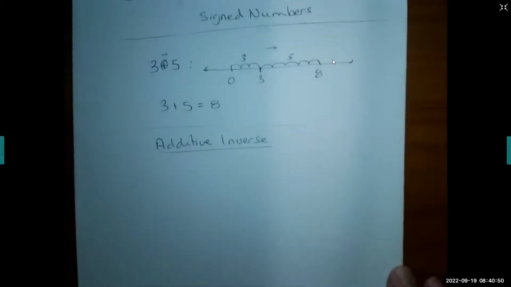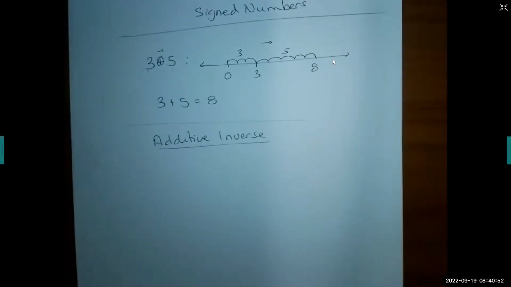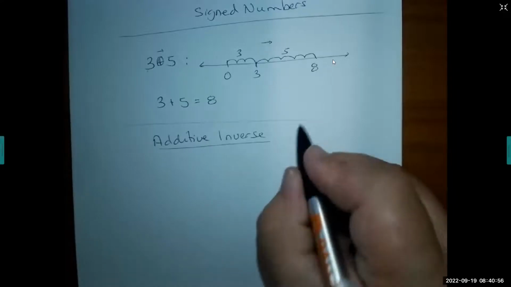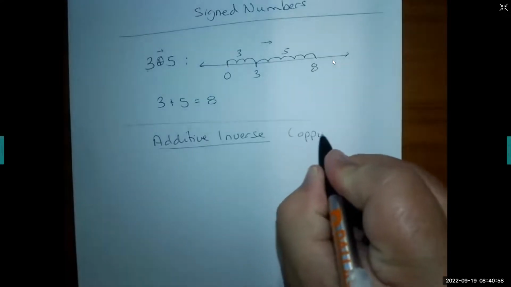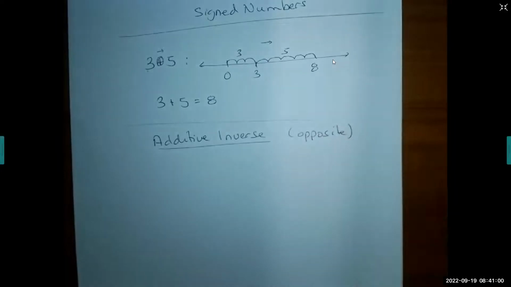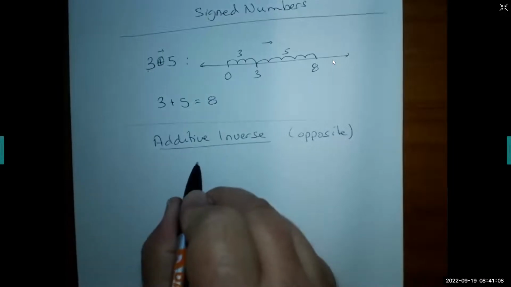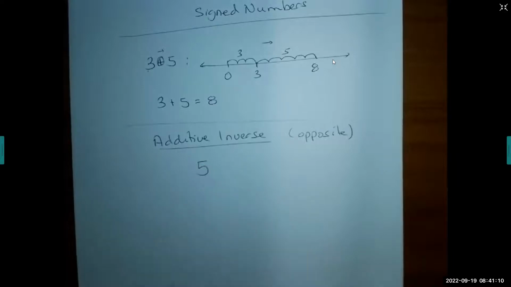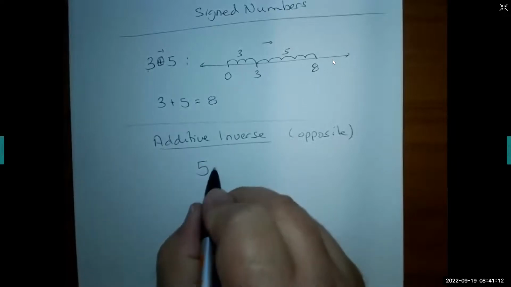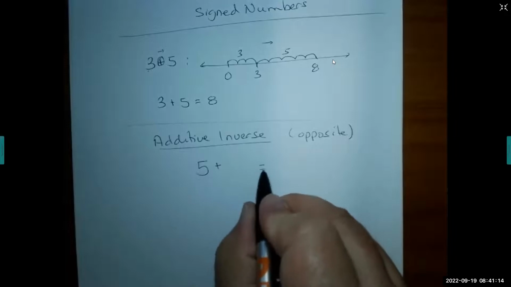Now the additive inverse. The additive inverse is what we just talked about. It's what we call the opposite number. What's the additive inverse? What do we add to 5 to equal 0?